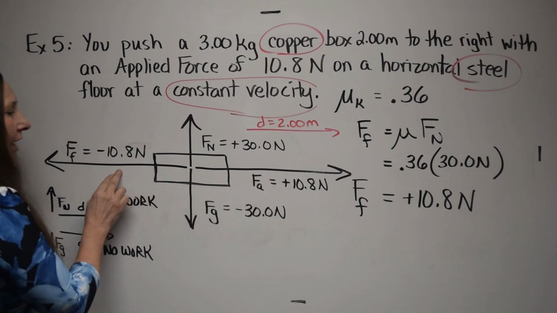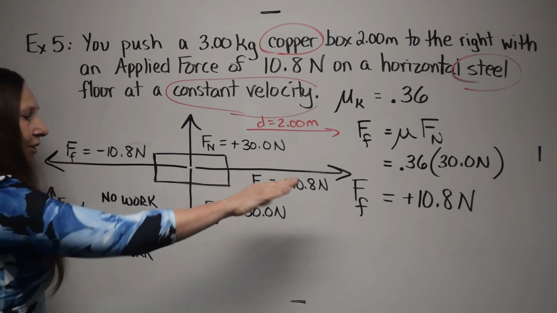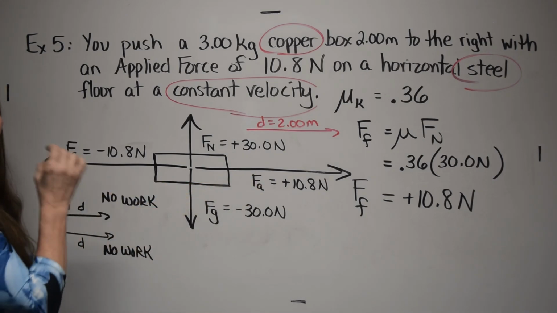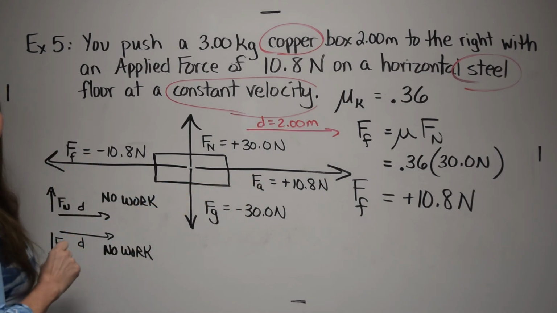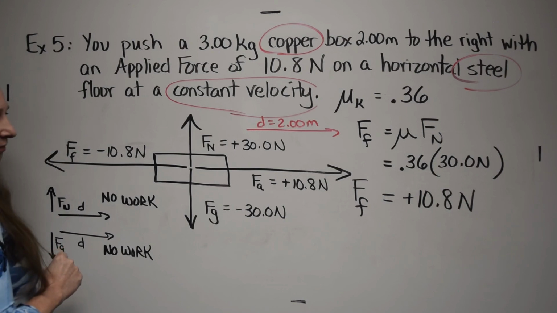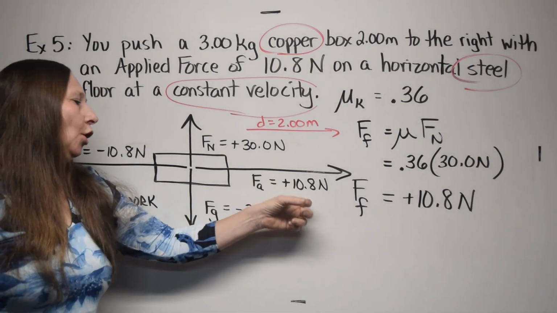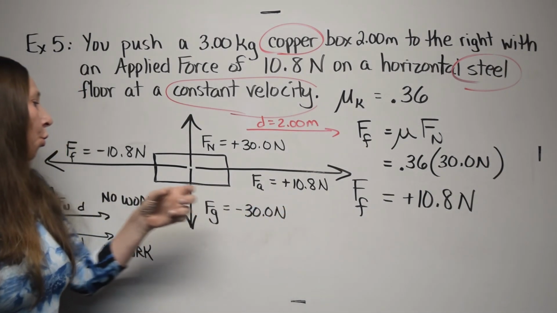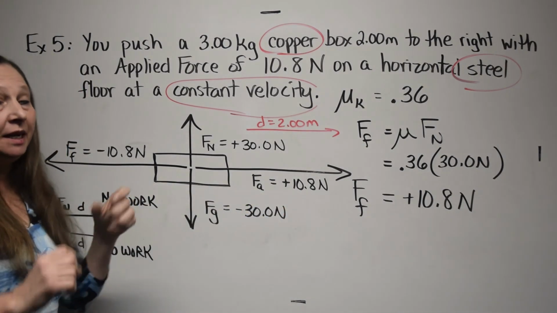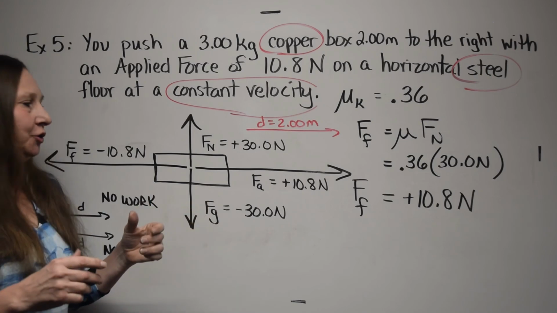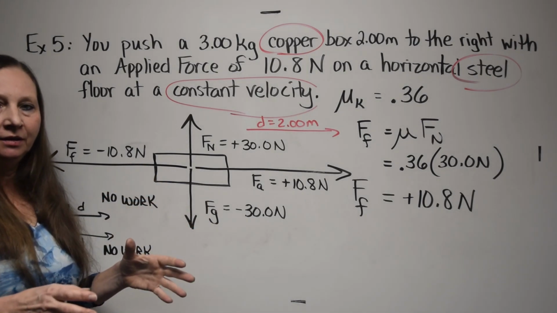Work is done by both forces, but the net result, the net work, is still 0 joules. Again, let me just repeat that. Work was done by this force, work was done by this force, but they opposed each other, so the net work is 0.